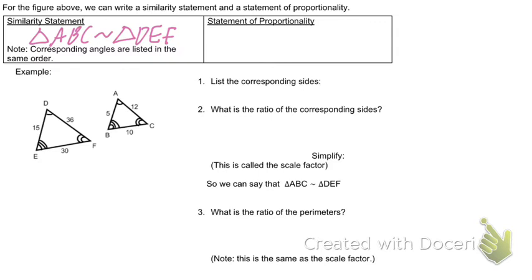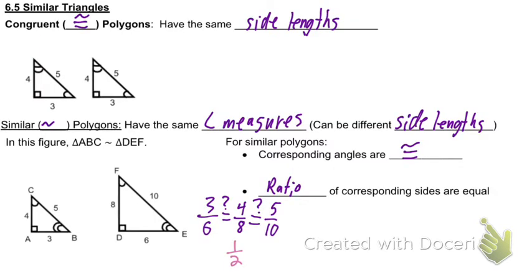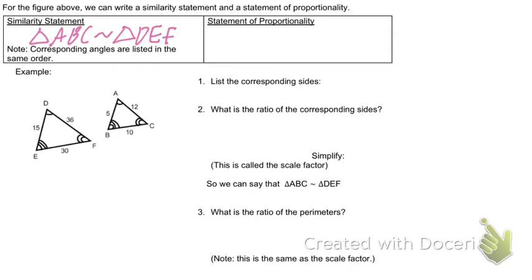If we go up above, with these ratios, 3 over 6, 4 over 8, 5 over 10, we'd say with the side lengths, AC over DF is equal to CB over FE, which is equal to AB over DE.